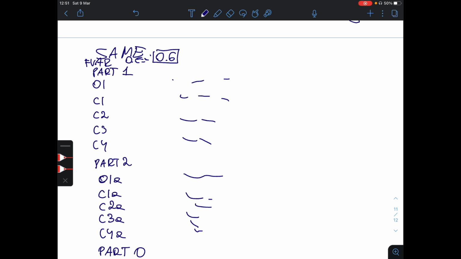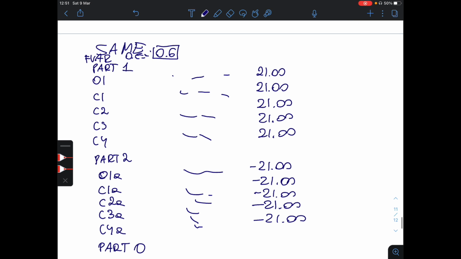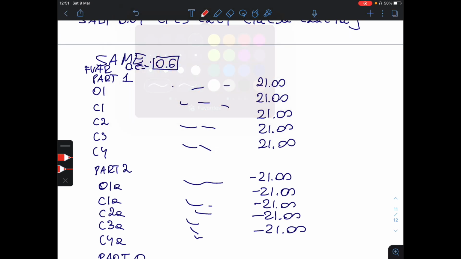Here will be 21, 21, 21, 21, 21, and here, of course, minus 21, minus 21, minus 21, minus 21, and minus 21. Okay, and now I said that if we want to use the SAME restraint, we have to input the two same commands in this place.